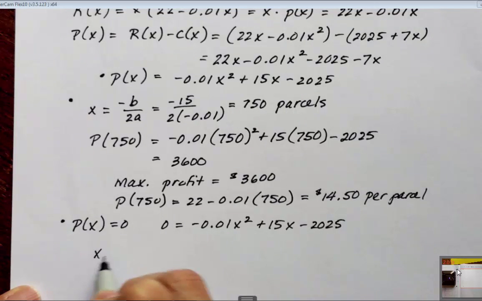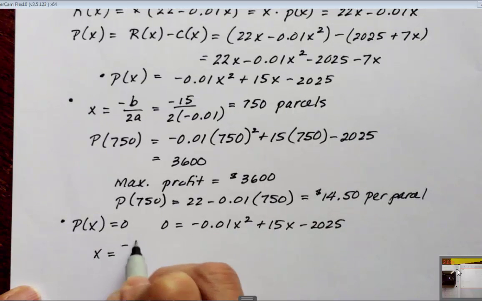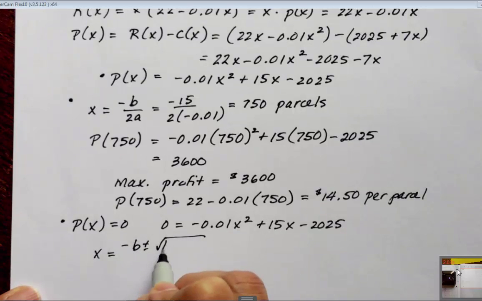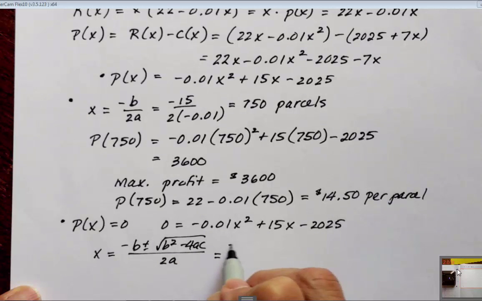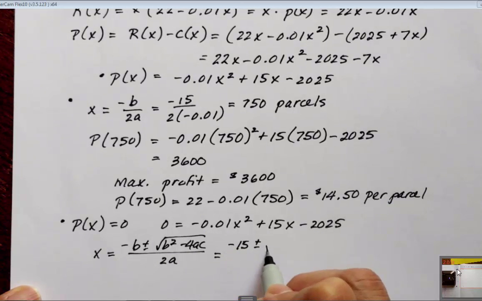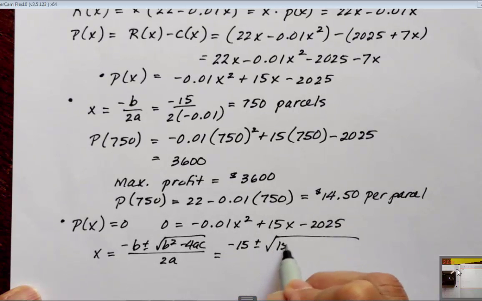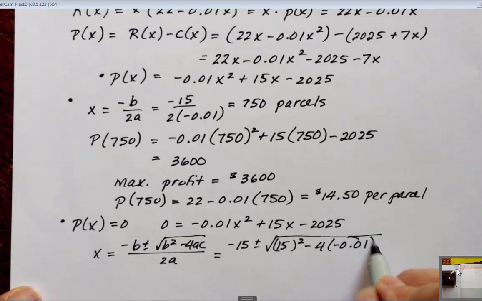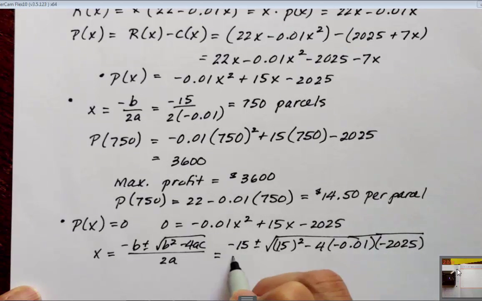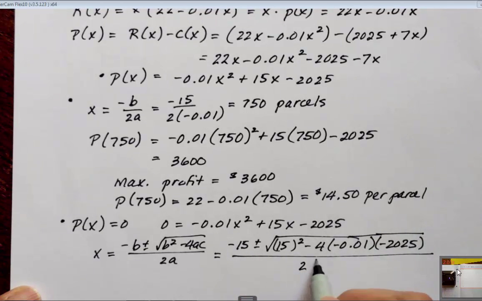So I have x equals negative b plus or minus the square root of b squared minus 4ac, all over 2a. So negative b, which is negative 15, plus or minus the square root of b squared, 15 squared, minus 4 times negative 0.01 times negative 2025, all over 2 times negative 0.01.